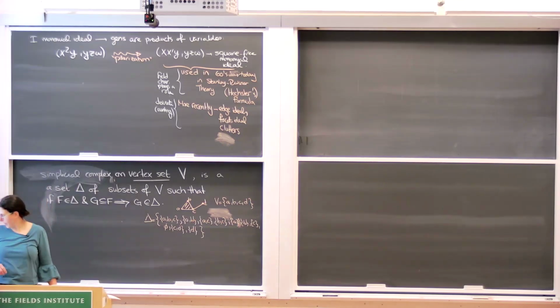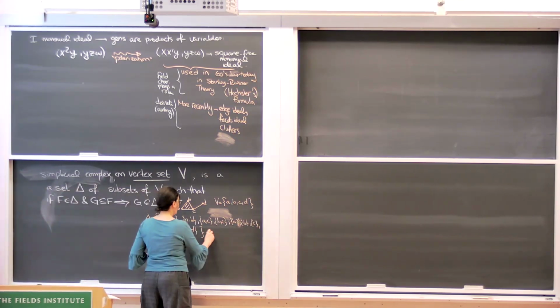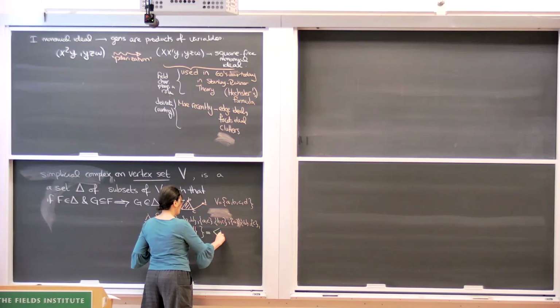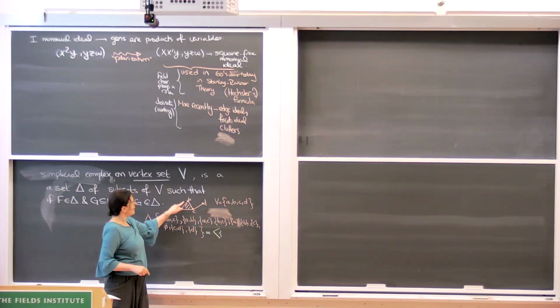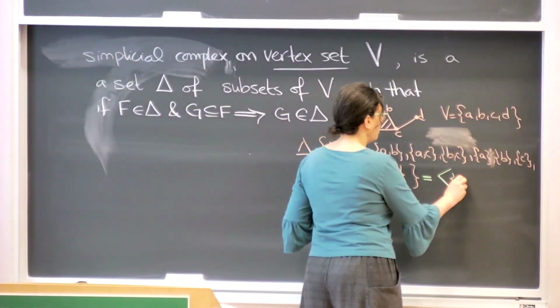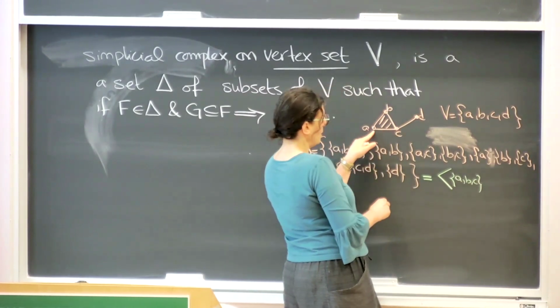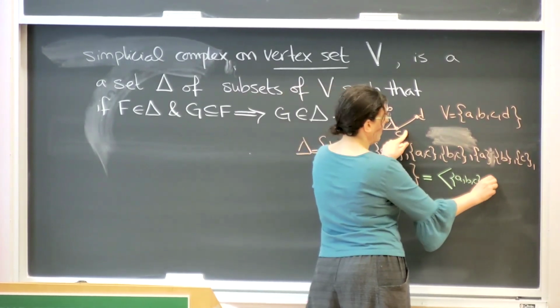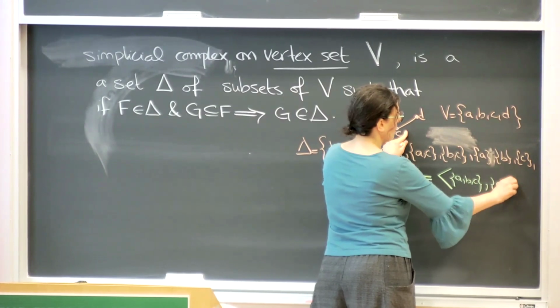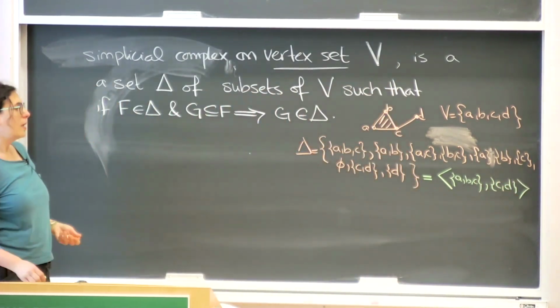Usually I use this notation because all that matters is the maximal faces, the facets. So I usually denote this by A, B, C, which is the maximal face here, and the other maximal face is C, D. Once I know those two are there, I know all other faces.